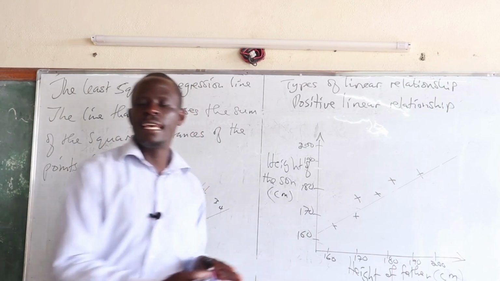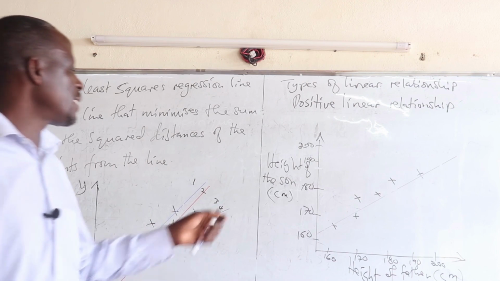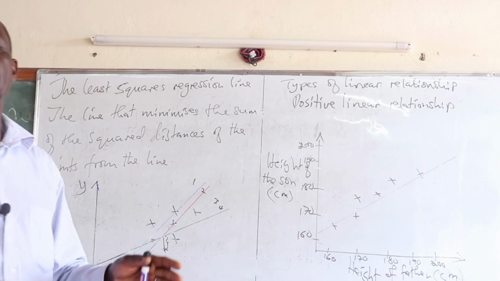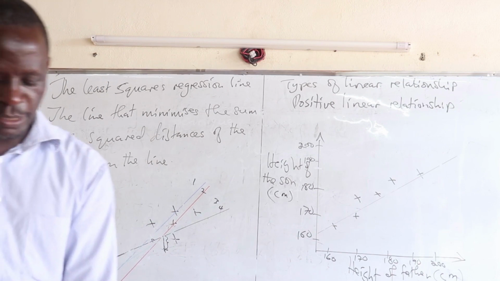So when the height of the father is increasing, the height of the child is also increasing. This is a positive linear relationship.